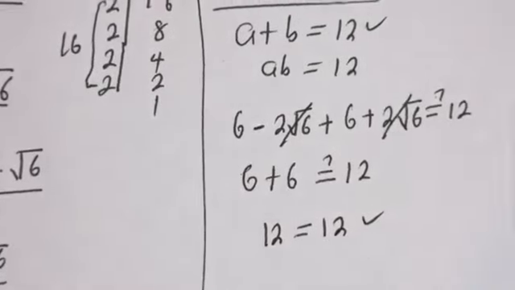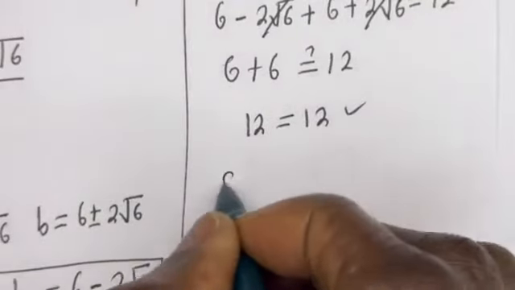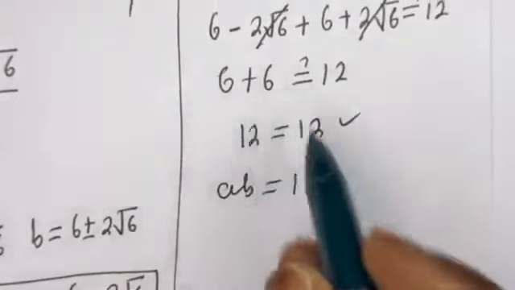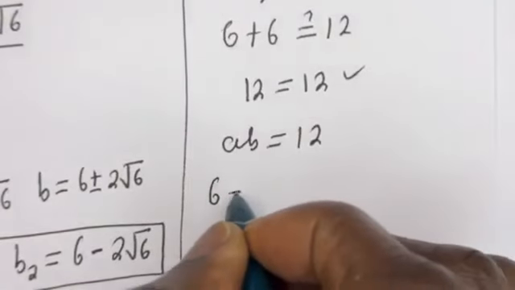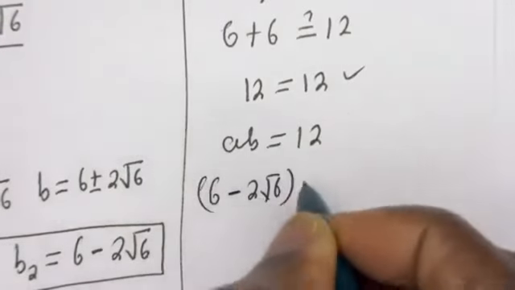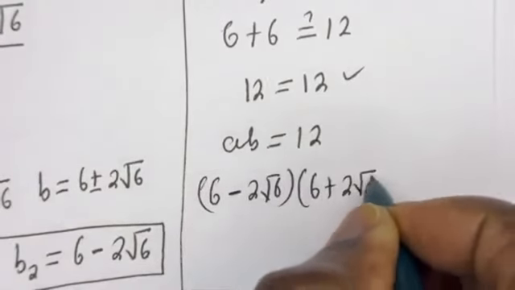Then let's check using the product here. That is, AB is equal to 12. We already know that A1 is 6 minus 2 root 6 multiplied by 6 plus 2 root 6.